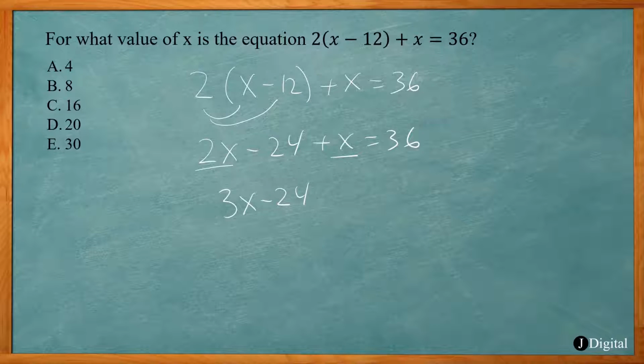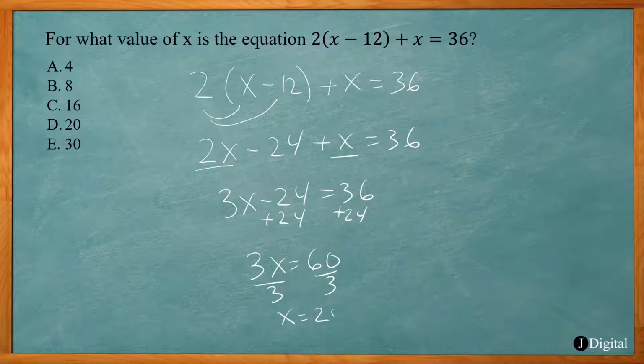So 3x minus 24 is equal to 36. Add 24 to both sides. Then you get 3x is equal to 60. Then divide both sides by 3, and x equals 20. Alright, so this one I went through all the steps to solve the equation.